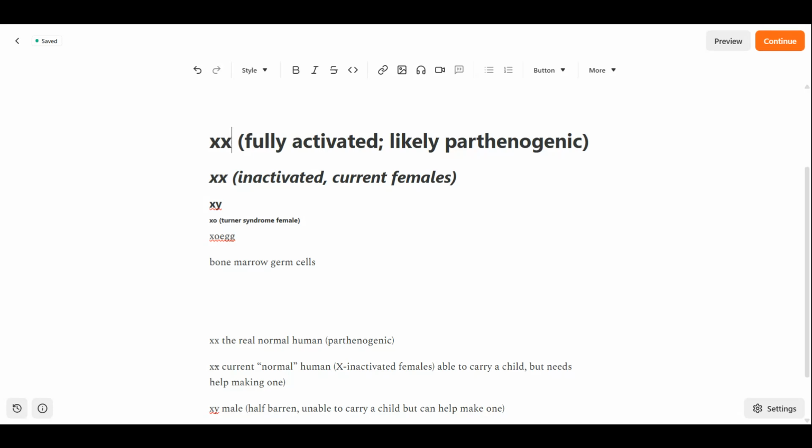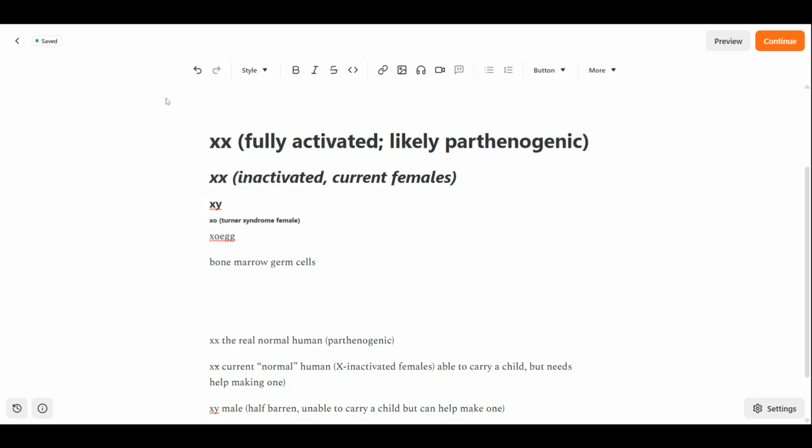And that is not just on the copying level. That is on the cellular level, on the molecular level, on the organismal level, right? On every level, it has to be perfect.